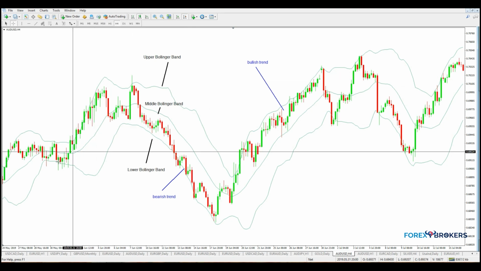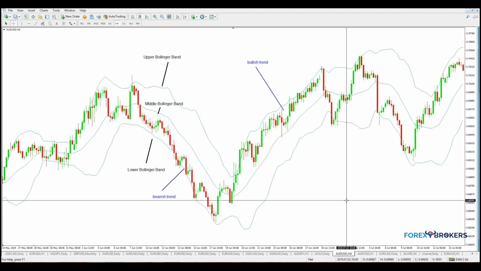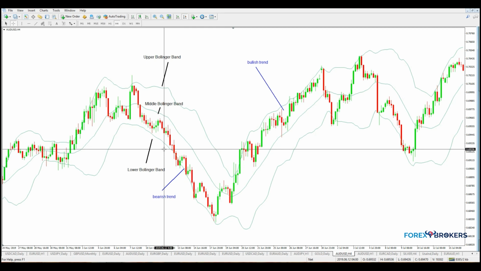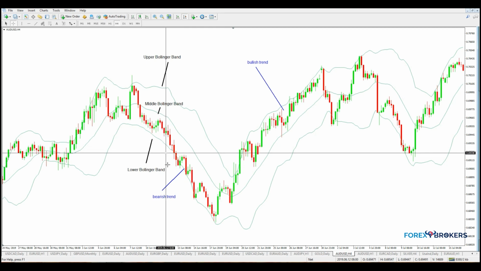What's interesting on these bands is that they cover the price action for more than 95%. It means that the price remains between the upper Bollinger Band and the lower Bollinger Band almost all the time, which makes it very interesting.